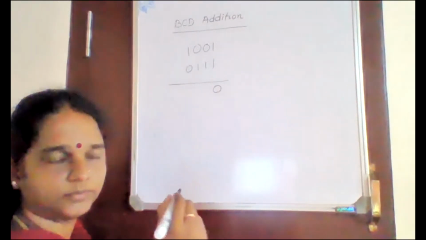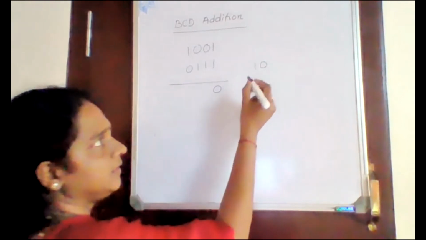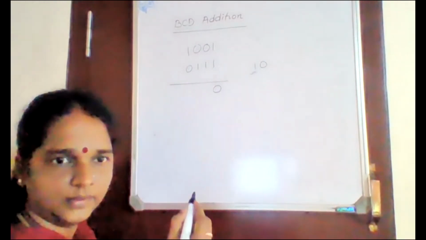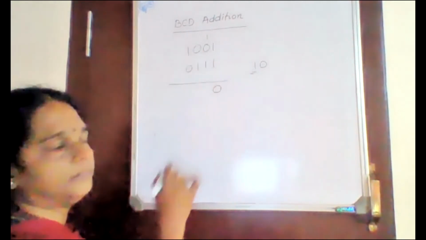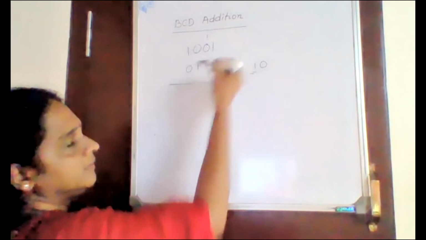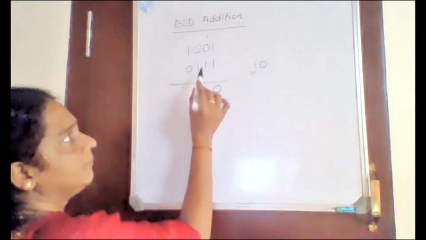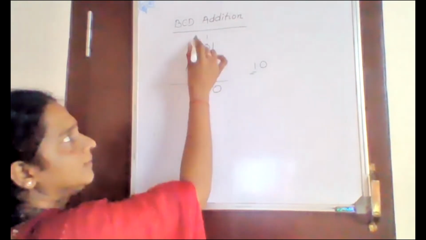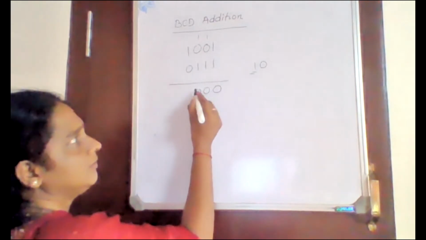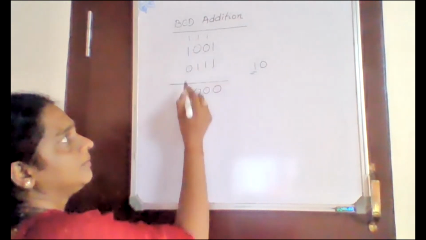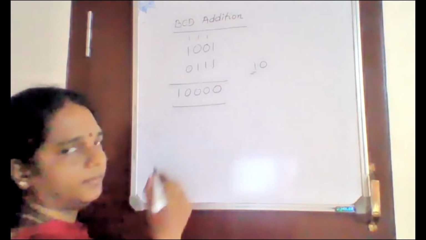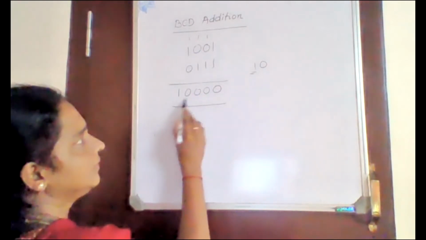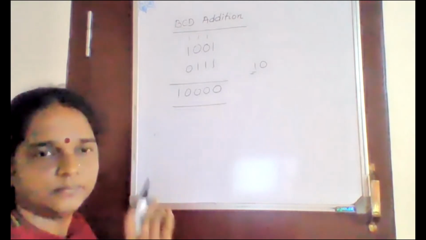The representation of 2 in binary is 10. So 1 will be the carry, 0 is the sum. 1 is carried to the next column. Add 1 plus 0 plus 1, so it is 1 plus 1, again 0, 1 is the carry. 1 plus 1, again 0, 1 is the carry. 1 plus 1, again 0, 1 is the carry. Therefore, the number is 10000.